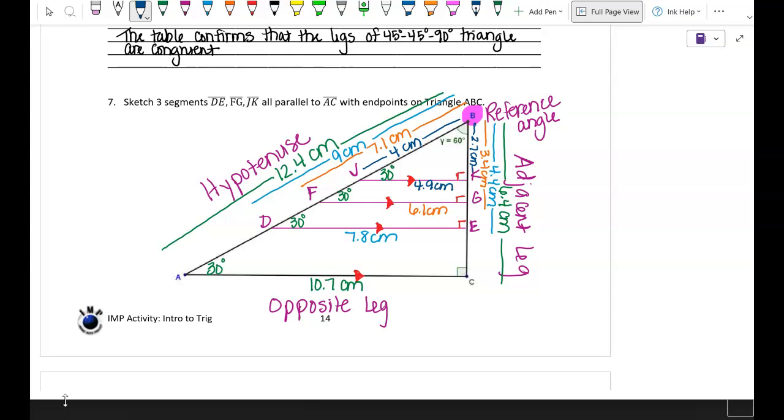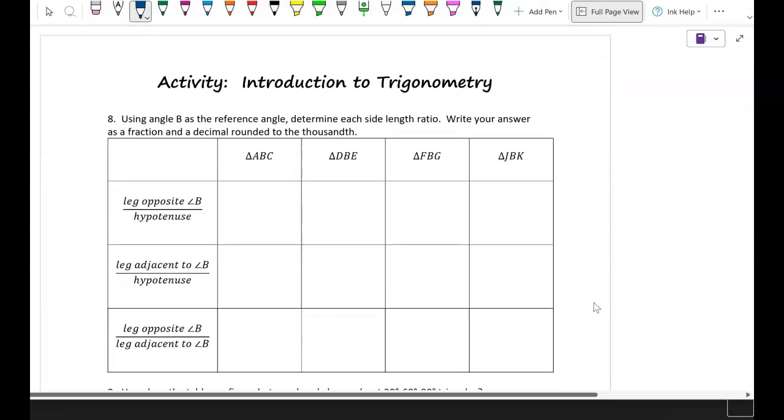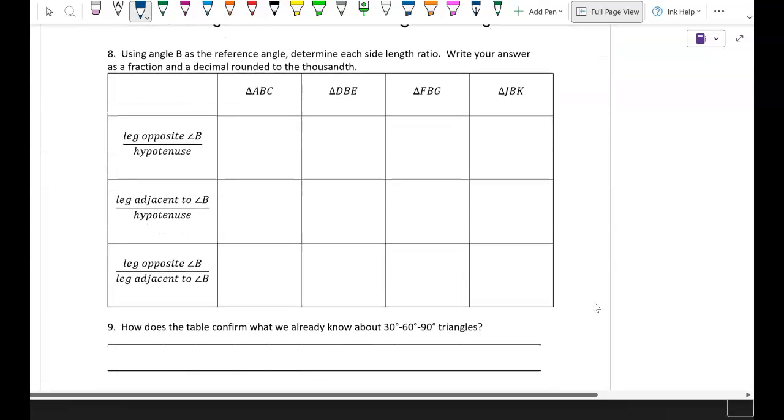Now what they want us to do on the next page is like we did previously, they want us to write the ratios, and they have all four triangles represented here. So first they want the leg opposite angle B over the hypotenuse. So for the larger triangle, that would be AC over AB.